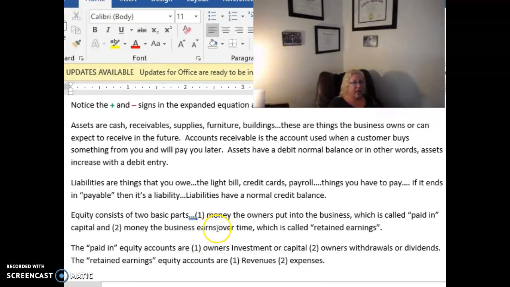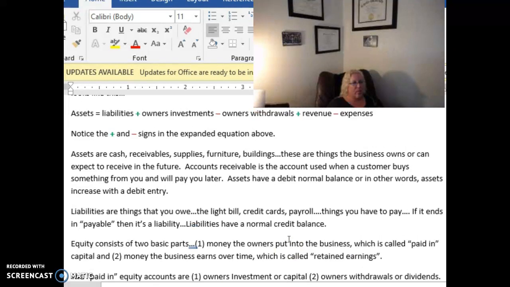So money that owners put in, we call that paid in capital or owner's investment, and money that the business earns over time, we call retained earnings. Your paid in equity accounts are your owner's investment or capital, and your owner's withdrawal or dividends. The retained earnings equity accounts are revenues and expenses.